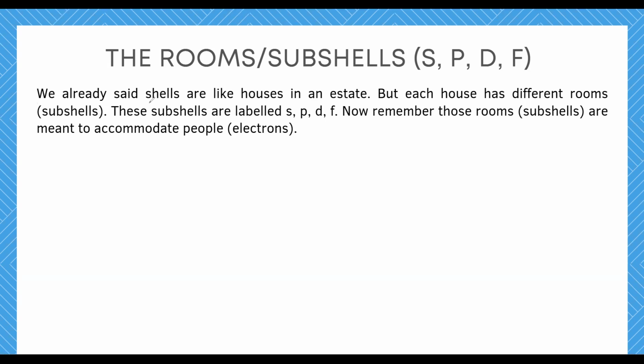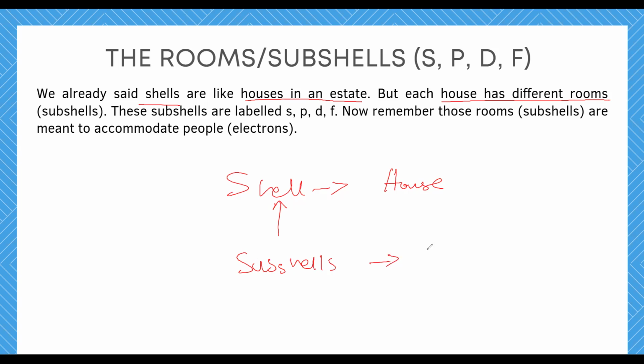Remember, we said that the shells are like the houses in an estate. Now, what is so special about a house? A house has different rooms. So if a shell is like the house in an estate, it means that every shell has different subshells under it. Those subshells are like the rooms in your house.